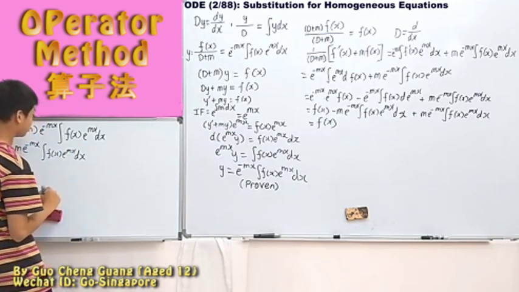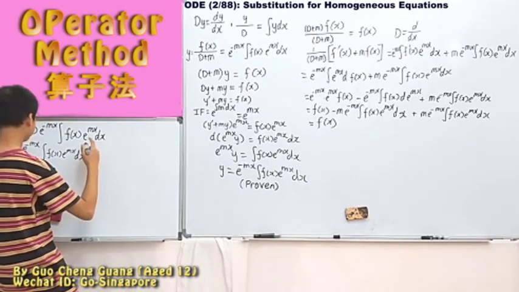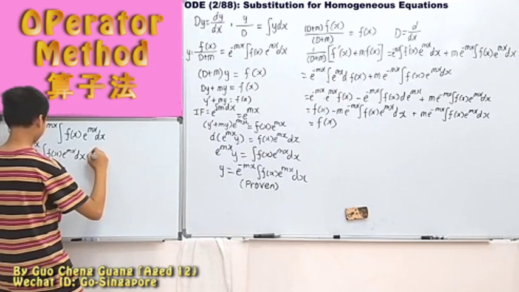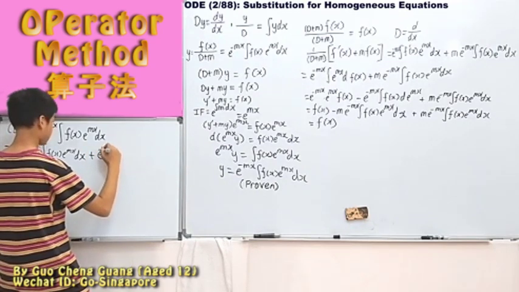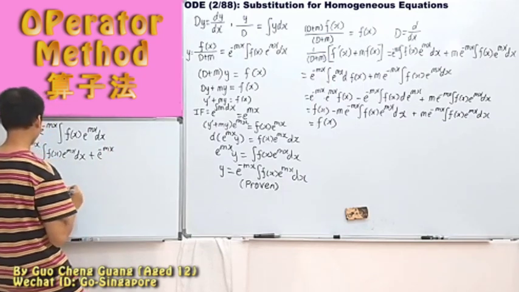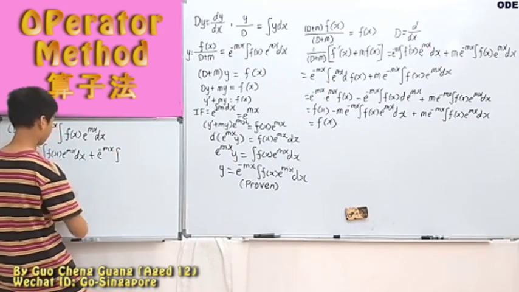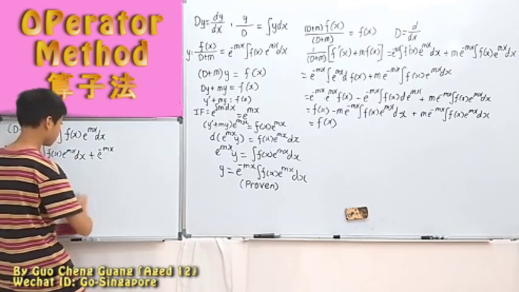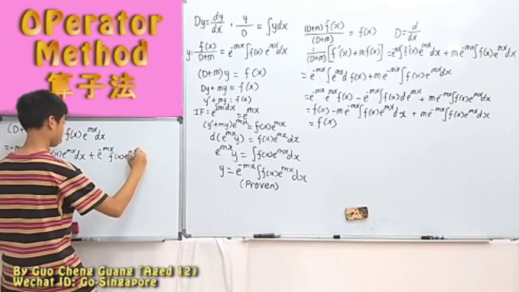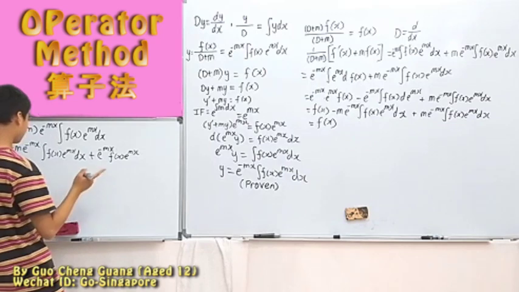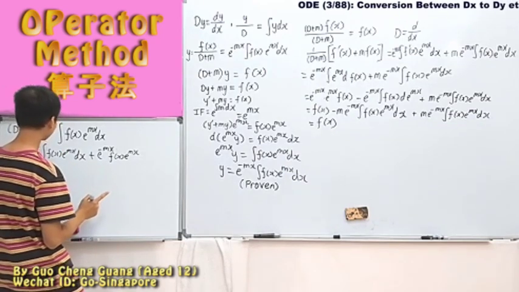Therefore, this part behind, you differentiate it. And what happens next? So you get plus e to the power of negative mx. Yeah, wait, you differentiated this. So this part is what you've gotten. Alright.